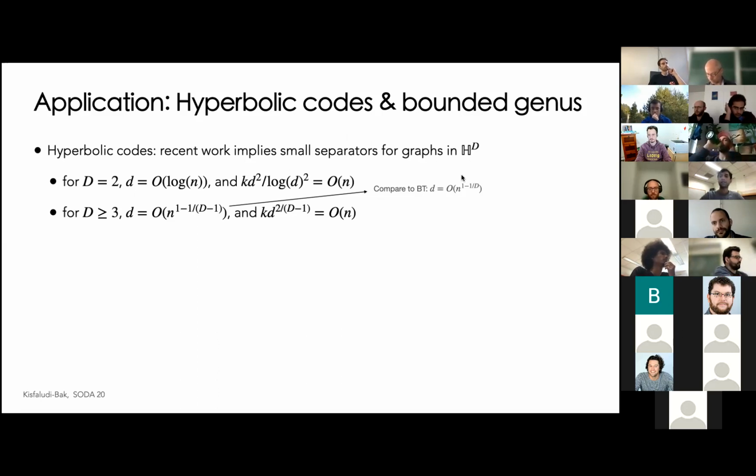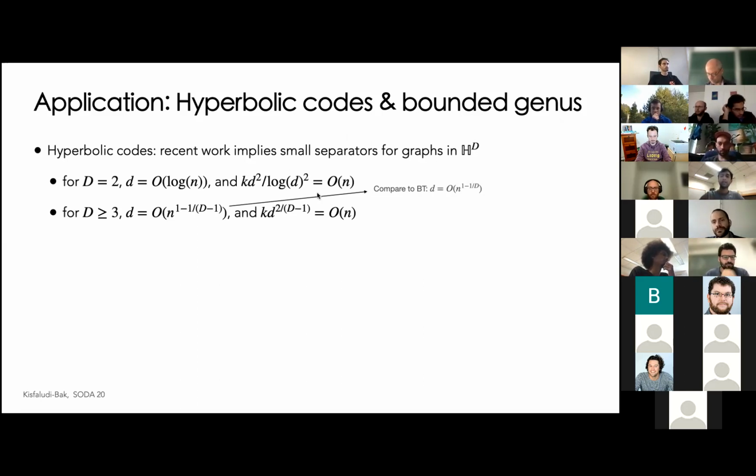You could compare this to the Bravyi-Terhal bound, which said that the distance of a Euclidean code is capped by n to the 1 minus 1 over d. So it feels like the d-dimensional hyperbolic surface somewhat behaves like a Euclidean surface of one dimension less.